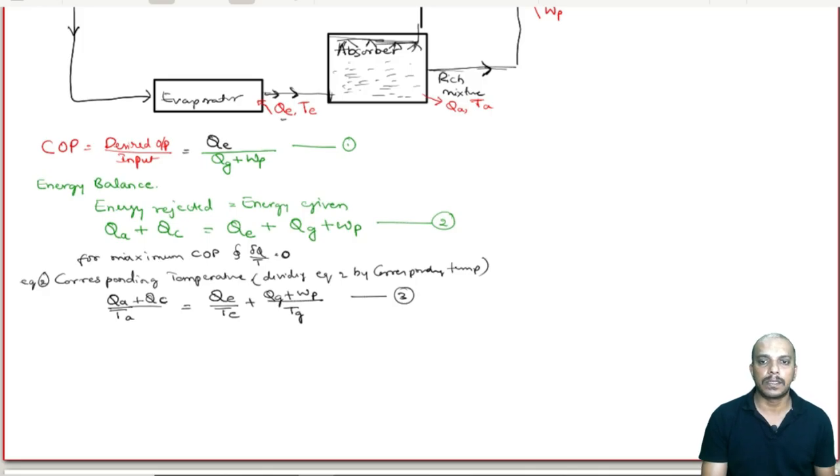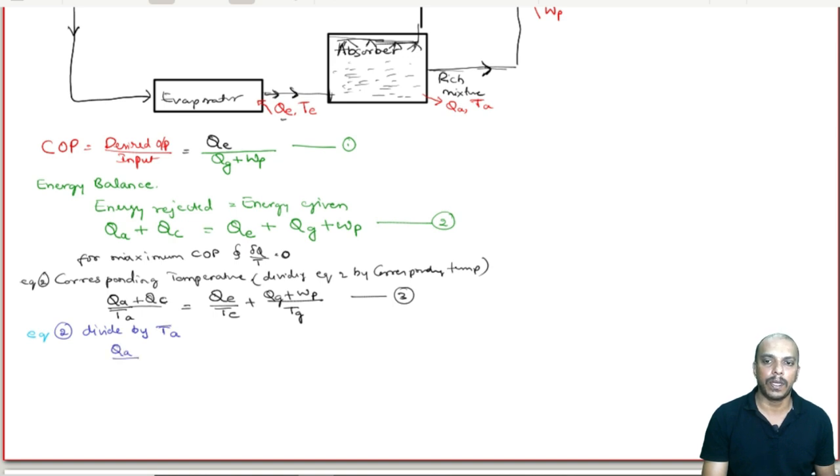Now, I can rewrite this same equation 2. Let us divide the whole of equation 2 by TA.